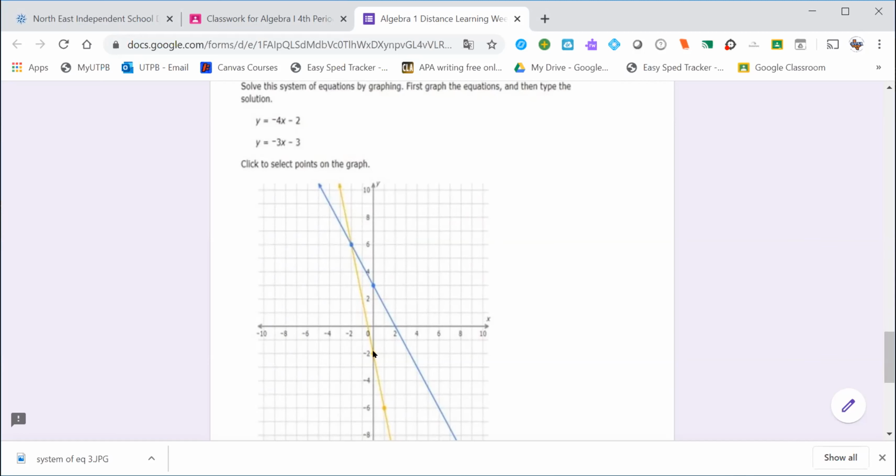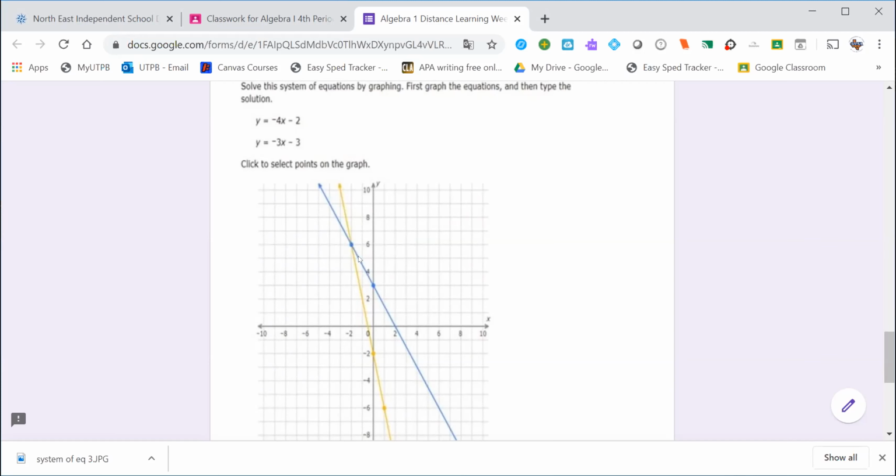So I'm going to start at -2, my y-intercept, and we're going to go down 1, 2, 3, 4, and to the right 1. That makes sense. If I go in the opposite direction, 1, 2, 3, 4, and over 1, that makes sense.